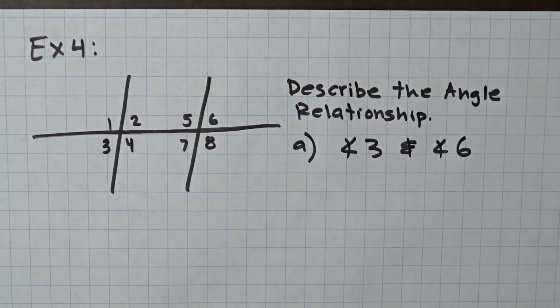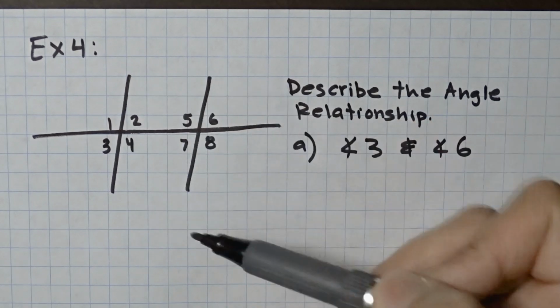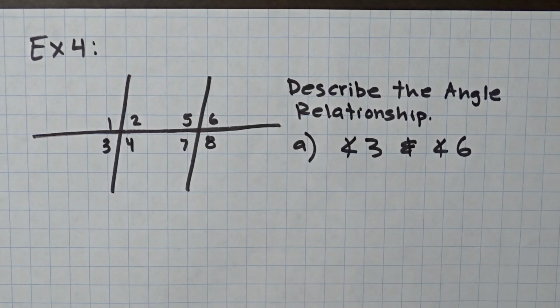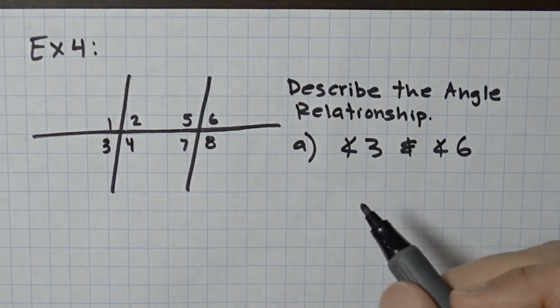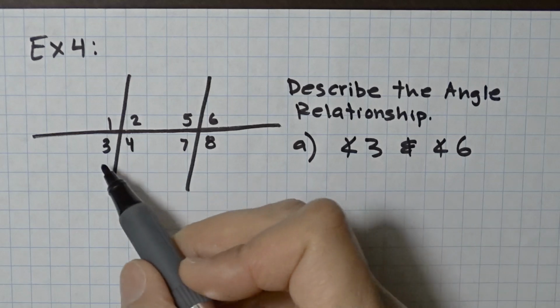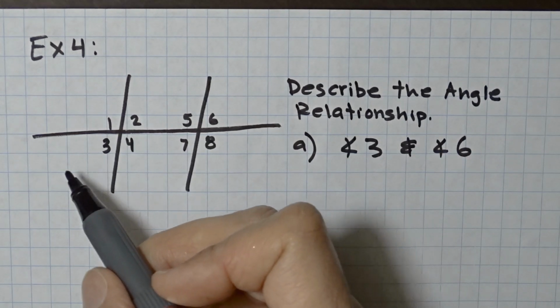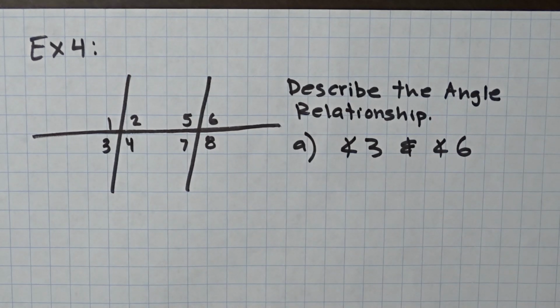Well, they're on the outside of the parallel lines, right? We've got the parallel lines in the middle. 3 and 6 are both on the outside of that parallel line pair, and one's on the bottom, one's on the top. You could think of it as one's on the left, one's on the right. So they're alternating, right? Left, right, top, bottom.